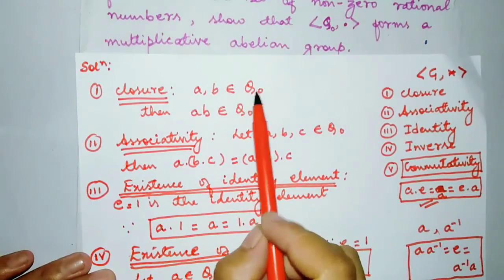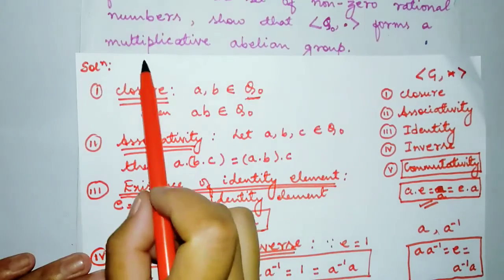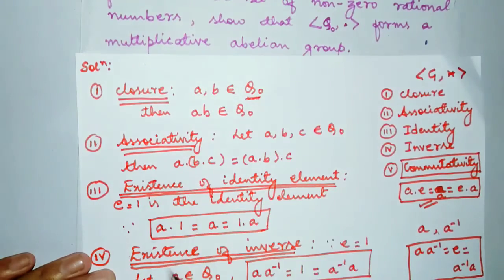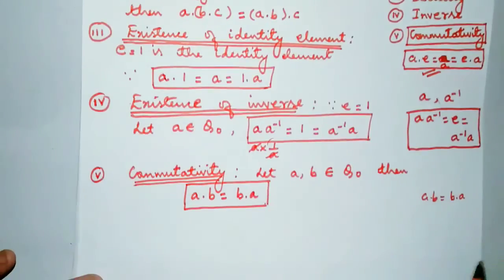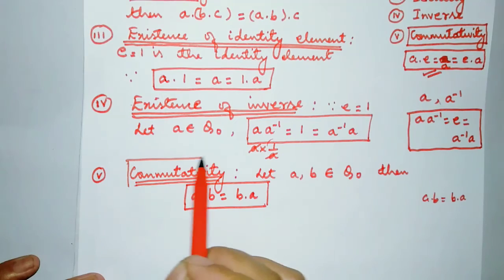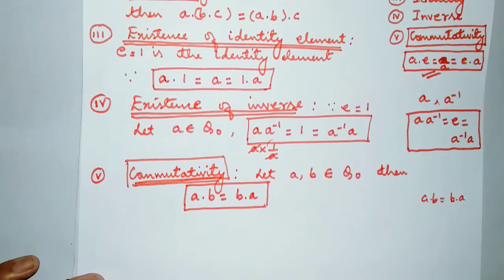Hence, this set Q0 forms a multiplicative abelian group. Abelian group because this one is satisfied. Okay?